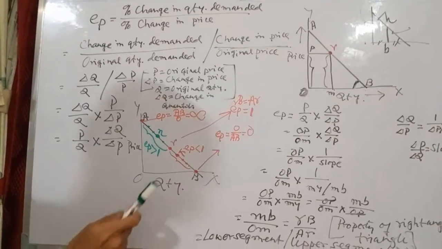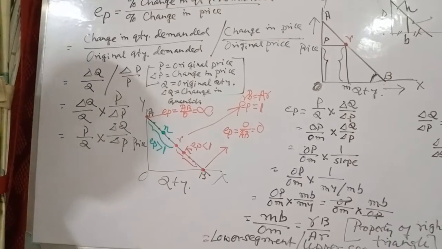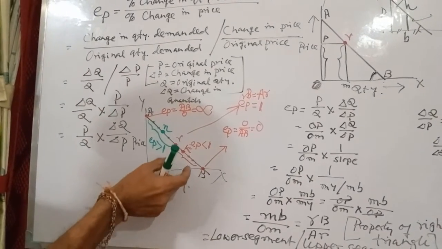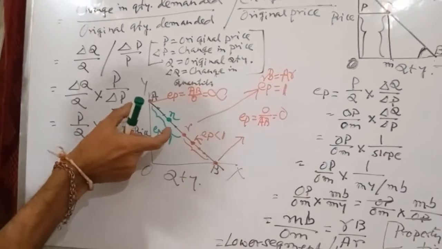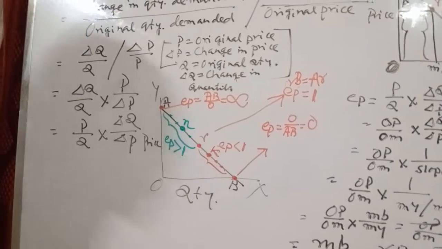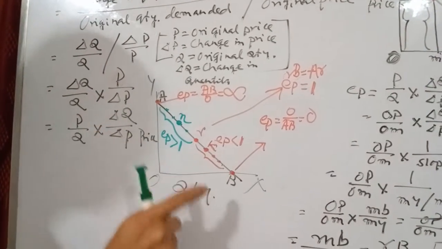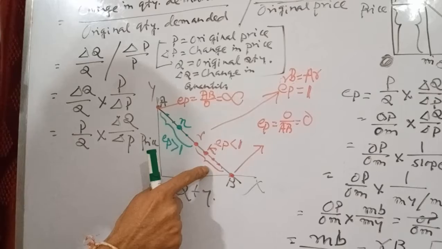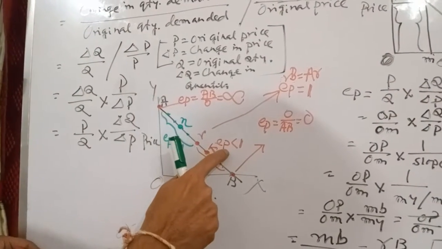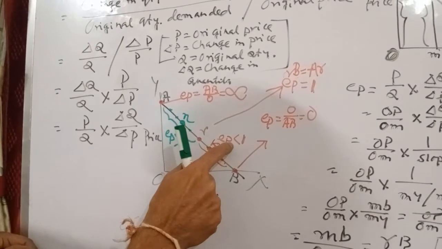At any point in between R and B, the lower segment is lesser than the upper segment, so elasticity is less than 1.